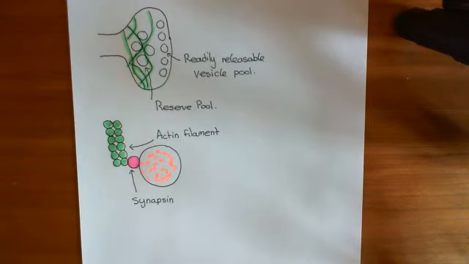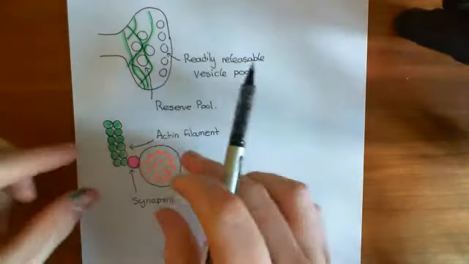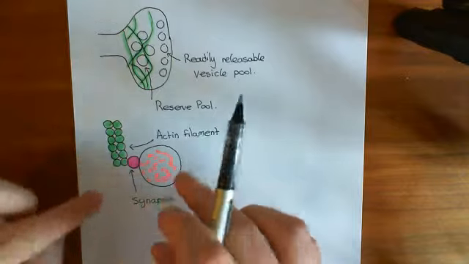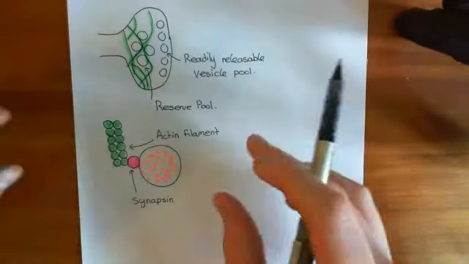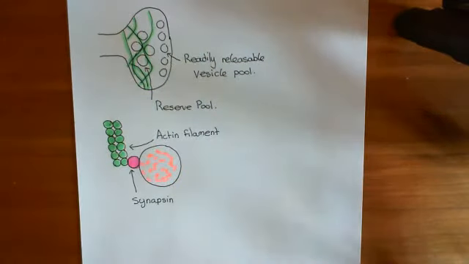Calmodulin is then going to activate an enzyme known as calcium calmodulin dependent kinase 2, and calcium calmodulin dependent kinase 2 is going to phosphorylate these synapsin proteins so that the synapsin protein no longer binds to the actin filament and also no longer binds to the phospholipids of the phospholipid bilayer of this synaptic vesicle. So the two are just going to be let go, so you're going to let the synaptic vesicle go free. Okay, so now let's discuss this pathway in a bit more detail.